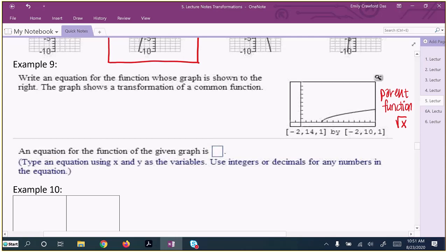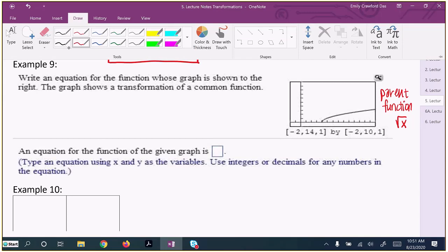So we know that this is going to be some transformation of square root of x. So some combination of adding or subtracting numbers to the x and y coordinates, or multiplying numbers to the x and y coordinates, or reflecting the x and y coordinates by multiplying by -1.